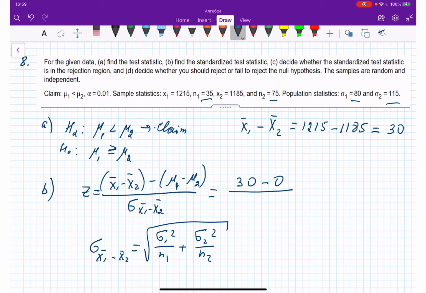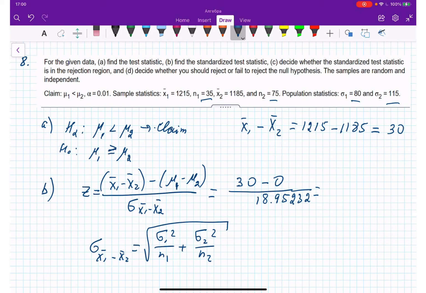And voila, I have the standard error, which is 18.95232. Okay, now 30 divided by 18.95232, and I am getting the result.